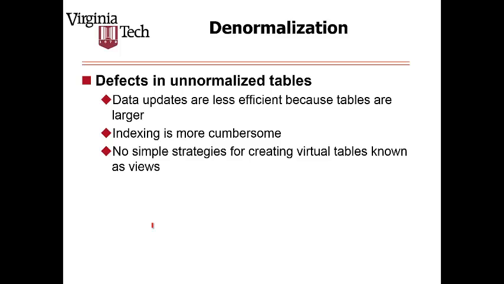Whenever you denormalize, you have to handle it in code. Whatever the system would have done for you automatically, now you have to write extra code to maintain the data redundancies that you've incorporated.